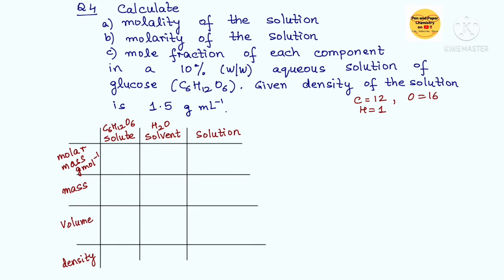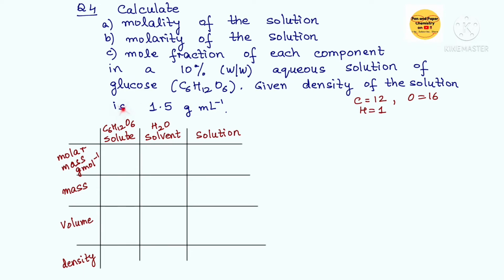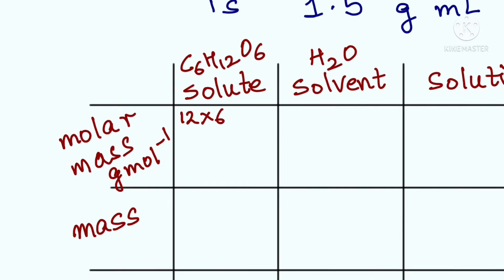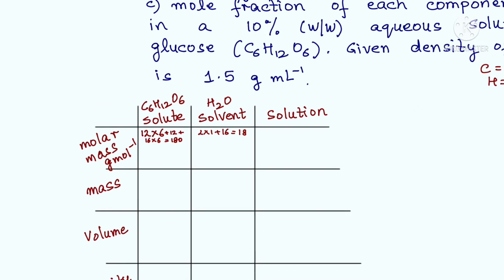Since we've got the solute as glucose, the molar mass of glucose you can calculate as 12 times 6, plus 12, plus 16 times 6, and we will have the value as 180 gram per mole. And what about the solvent? Yes, it's simple, that's water. By now you must have learnt it by heart, right?